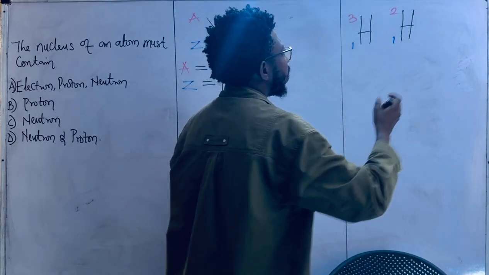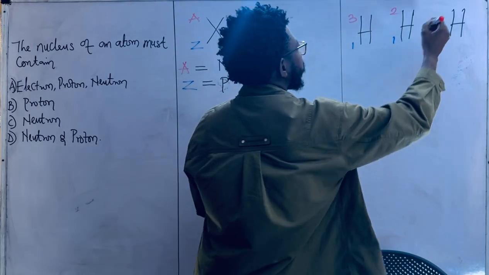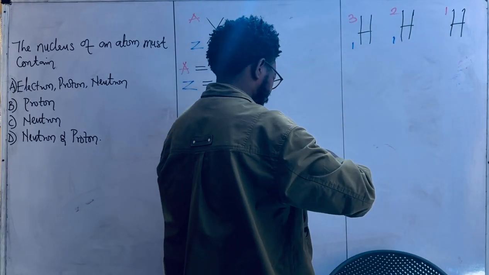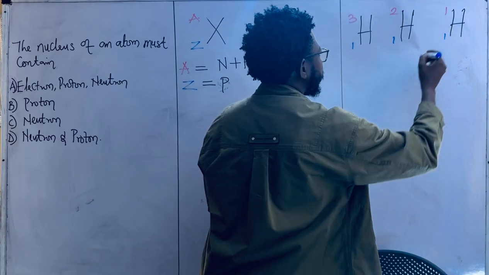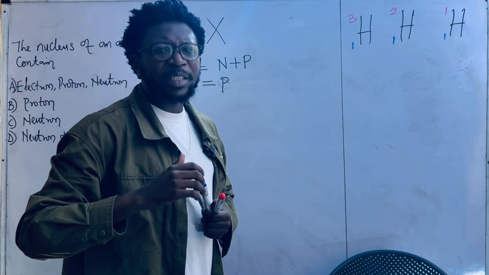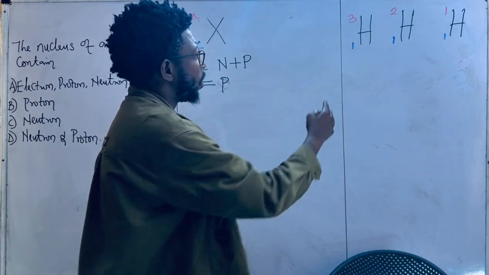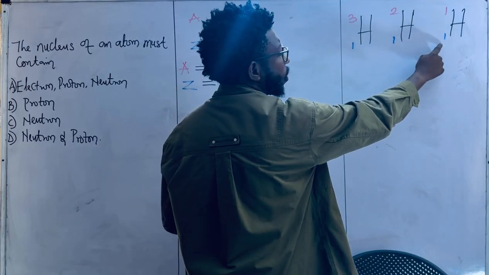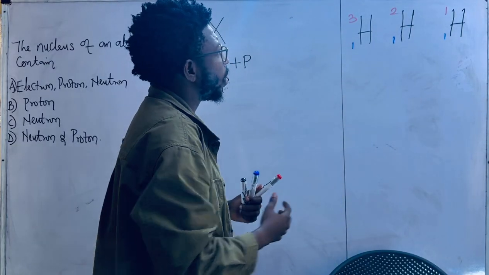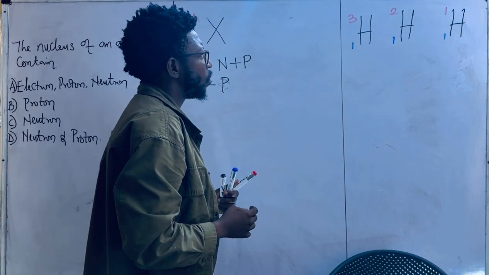And we have hydrogen 1, 1. They are all atoms of hydrogen, but they are different atoms of hydrogen. They all have the same proton number. However, they don't have the same atomic mass number.